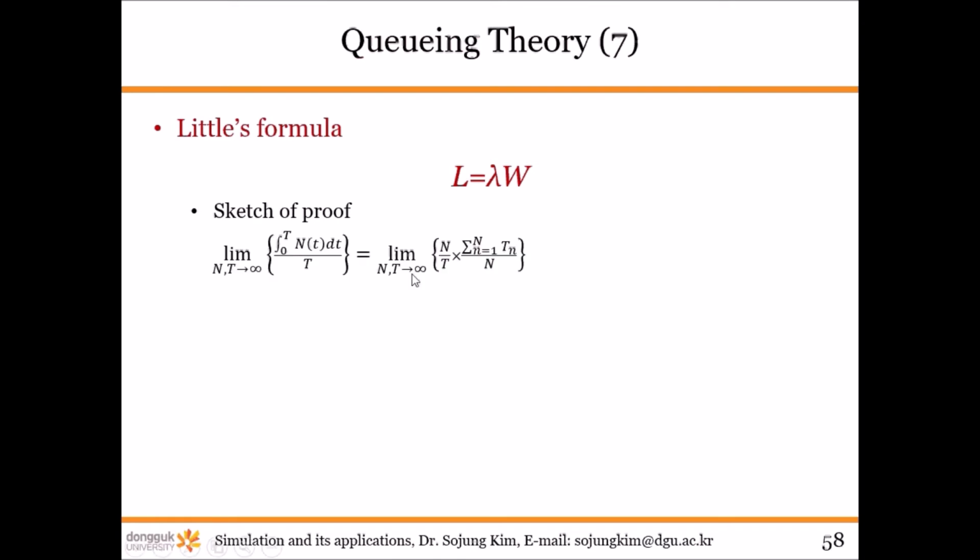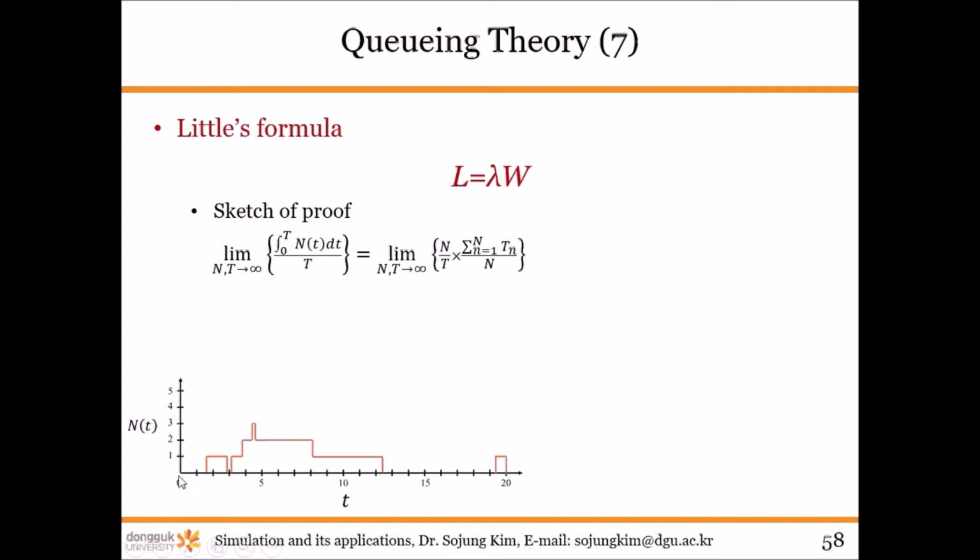Let's say we have a system, and you want to run the system for 20 minutes. This graph shows you the number of customers at time t over the 20 minutes.